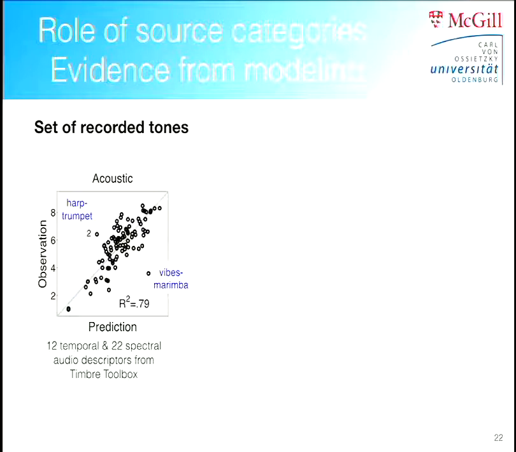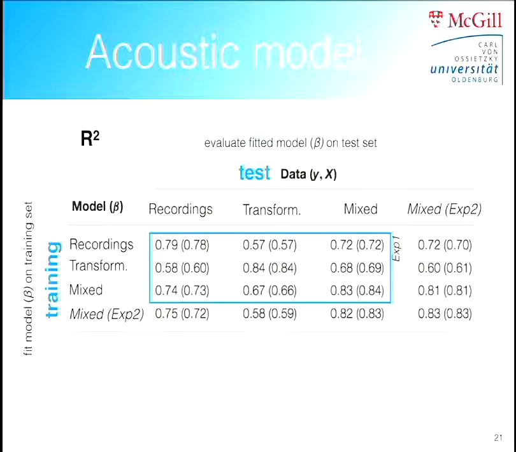And for the first one, just the acoustic model for the vibes-marimba pair yields a much higher predicted value than what's been observed. So although this is of course at this stage still anecdotal, this might suggest that categorical features play a role.